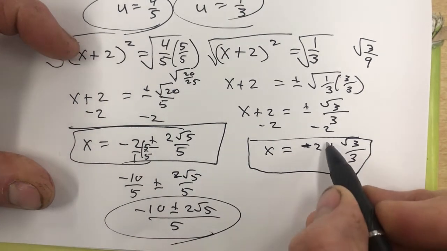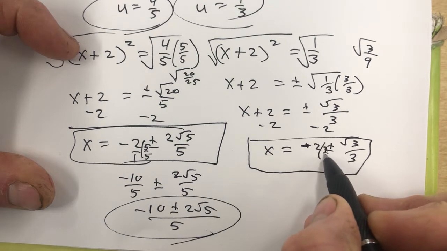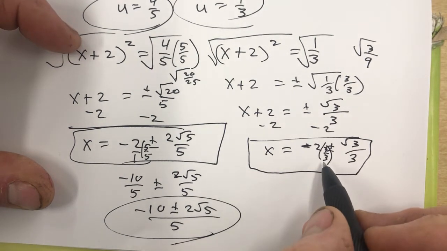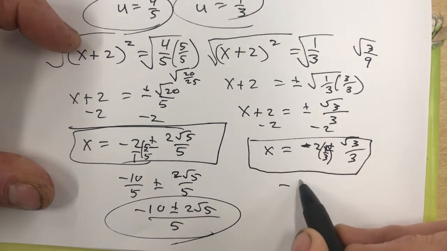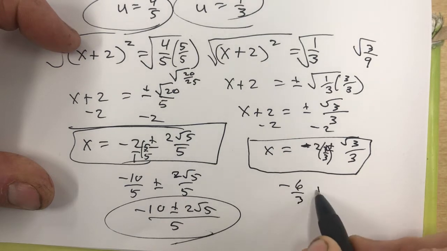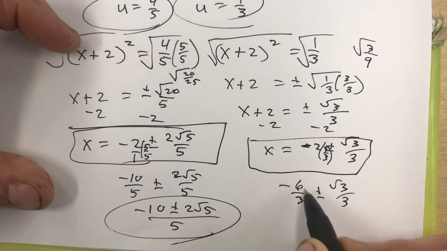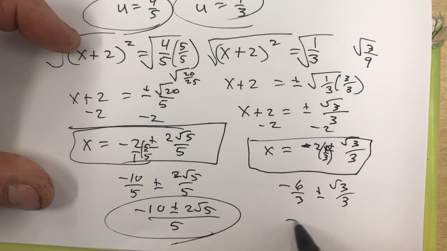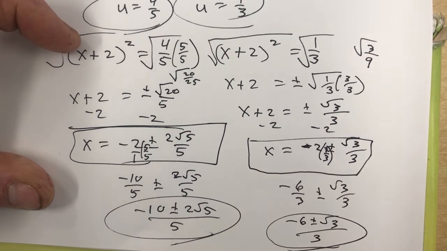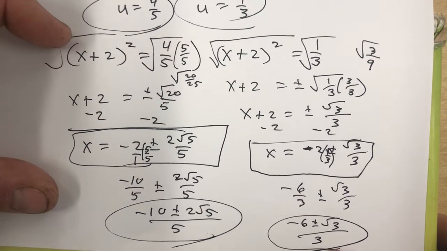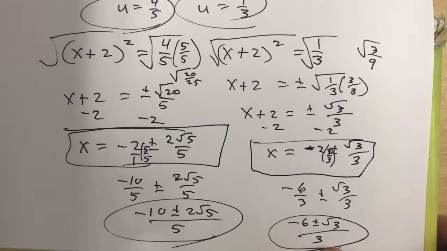And I can do the same thing here. I can multiply top and bottom by 3 here, which gives me negative 6 over 3 plus or minus radical 3 over 3, and then I can put these together all over 3, so it'll be negative 6 plus or minus radical 3 all over 3. And so these would be my 2 values for x. Okay?